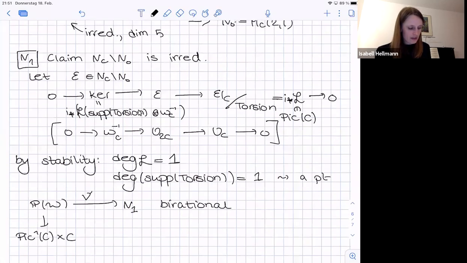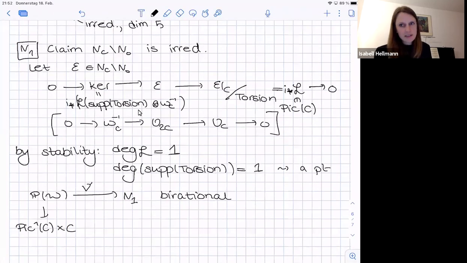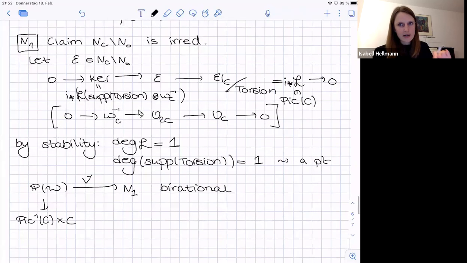The thing is that outside of the intersection of N1 and N0, this map restricts to an isomorphism, but on the boundary something happens, and also N1 has singularities there in the locus where it meets N0.